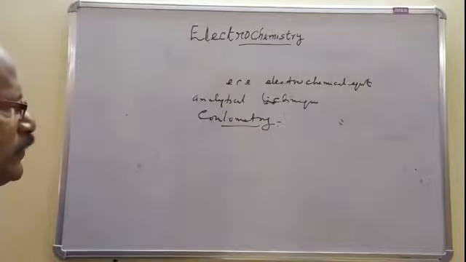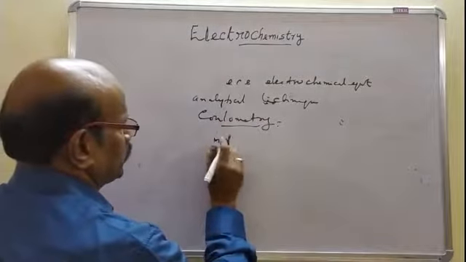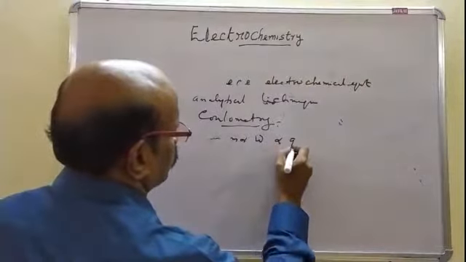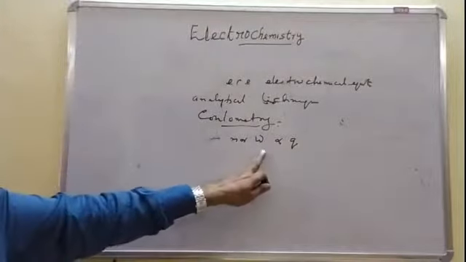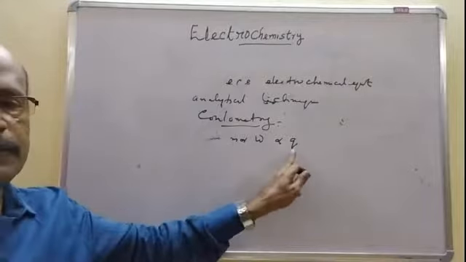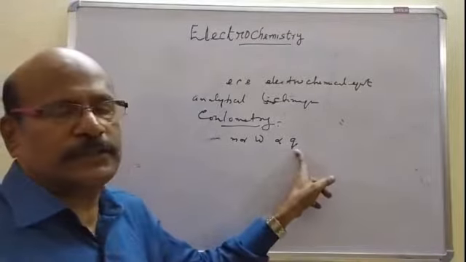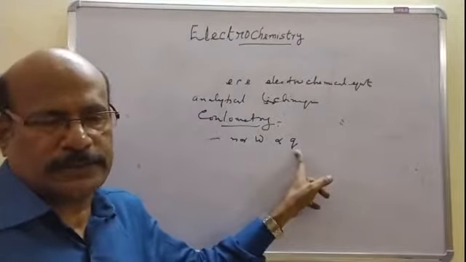As we know, according to the first law, M or W is proportional to Q. So the amount of the material that is produced by electrolysis is proportional to the quantity of the current that is passed through the electrolyte.